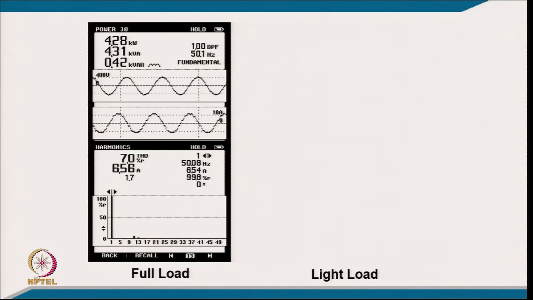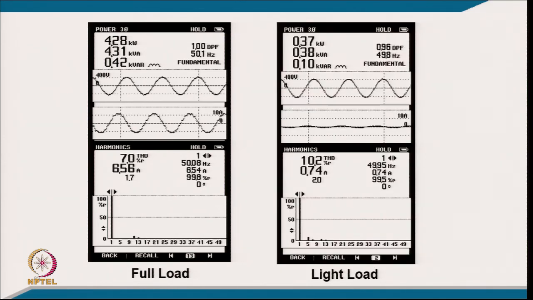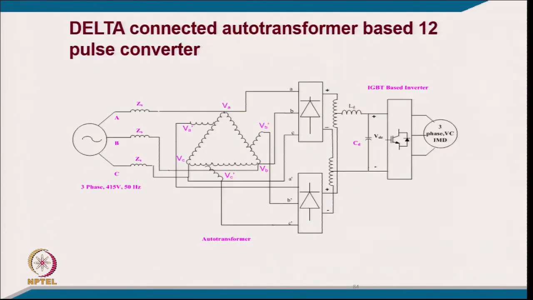Now, experimentally this was realized, and the TAD we observe experimentally at full load is around 7%, at light load around 10%, and the displacement factor here goes to around 0.96, while otherwise it is unity.